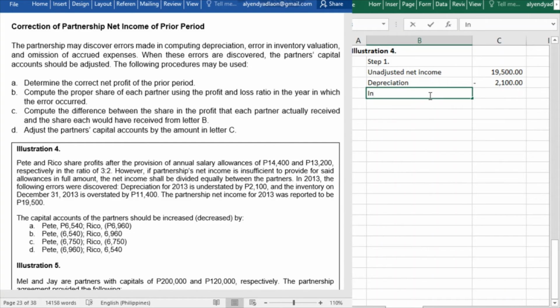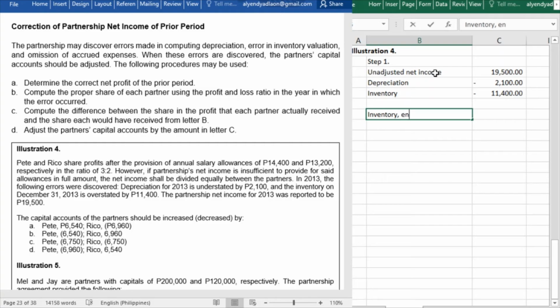And next is for the inventory. Accordingly, the inventory is overstated by 11,400. So that also means that the net income was overstated. Now, since the net income was overstated, we have to deduct 11,400. Okay? So, class, if you are confused why the net income is overstated, take note of this one.